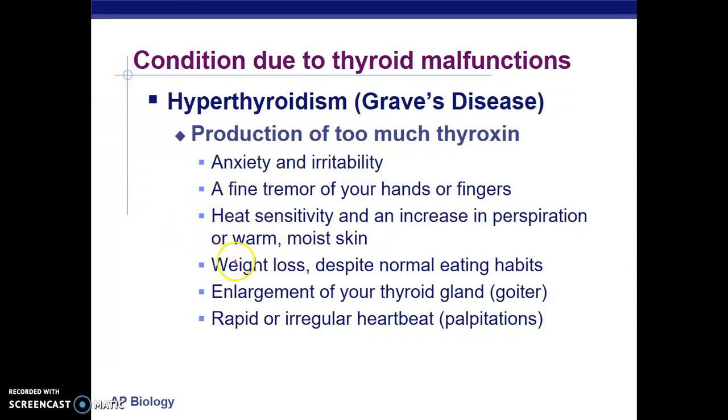Someone who has hyperthyroidism usually experiences extreme weight loss, because their metabolic rate is so fast that they're burning the food they eat, and therefore they're not putting on any weight or storing any of the food as fat. Another symptom of hyperthyroidism is that they tend to be warm all the time, because remember, if you're increasing your metabolic rate too high, then you're producing a lot of heat. That makes your body warm.